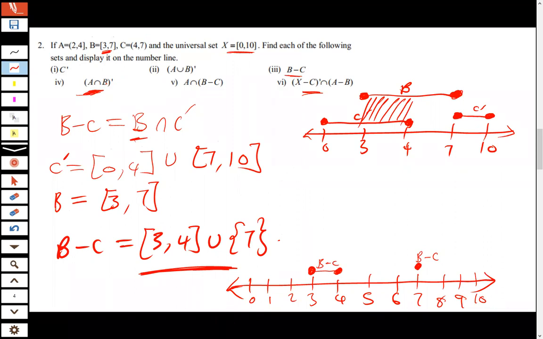What I think you can just do is draw the number line without putting anything. You don't even have to show the universal set, because when you show the universal set, it simply means that you are telling the marker that the answer you found was the universal set. So you just draw the number line, put in the numbers which are supposed to be there, and you leave it there.